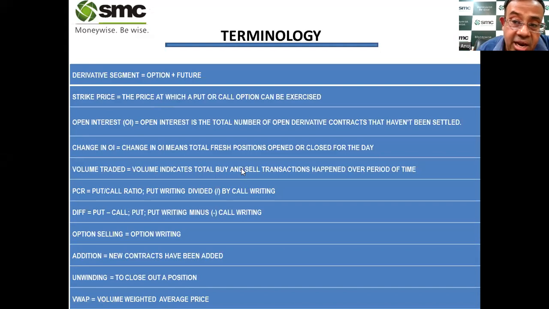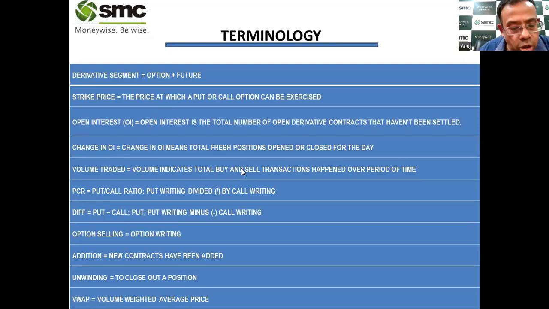Addition is any new contract which has been added into the market. Unwinding is any position which is closed. You had an open position the previous day and you have closed that position today, that means you have unwound your position.